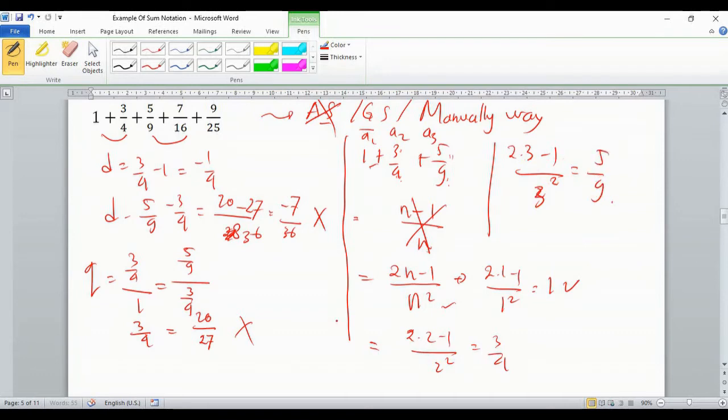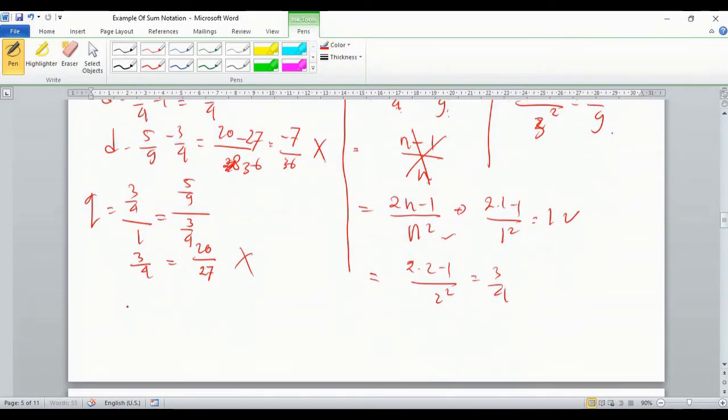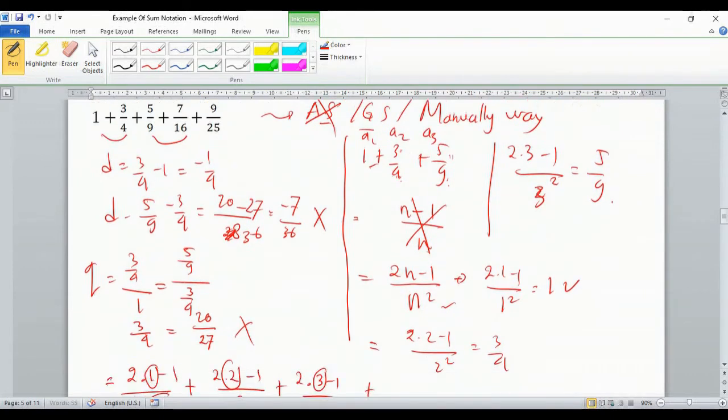Okay. So from here, we get the conclusion that the formula is 2 times 1 minus 1 over 1 square, plus 2 times 2 minus 1 over 2 square, and then plus 2 times 3 minus 1 over 3 square. Look at the formula. They have the same pattern, 2 and 2, 3 and 3, until 5.